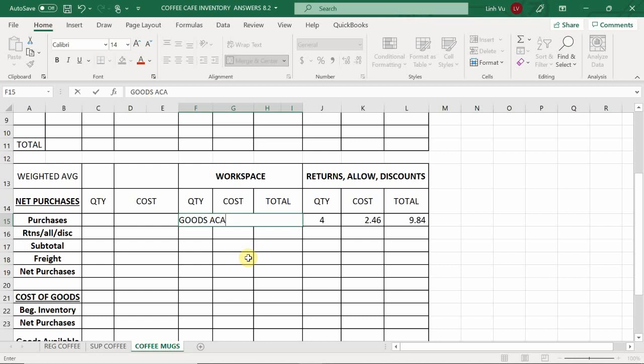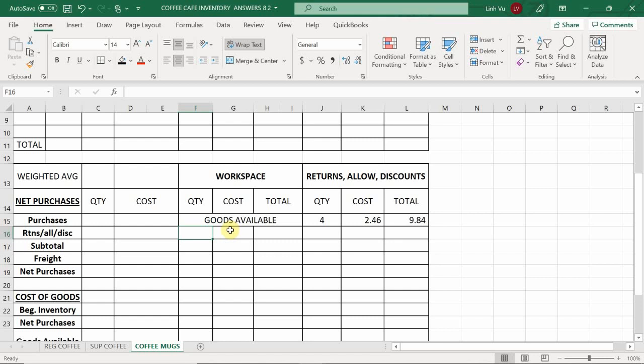We return stuff and we sell, but in FIFO, we just return the FIFO for the first one. In this case, we're doing periodic. We're not costing right now. We don't care what we sold. We care about what we purchased. In this case, we don't even care what happened.